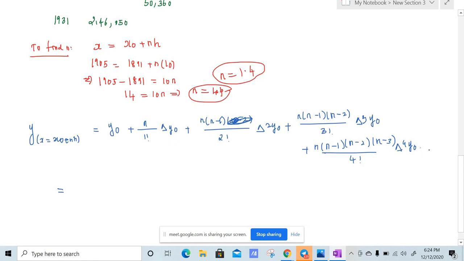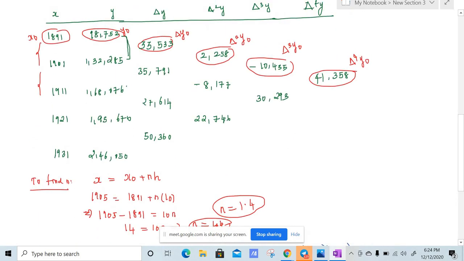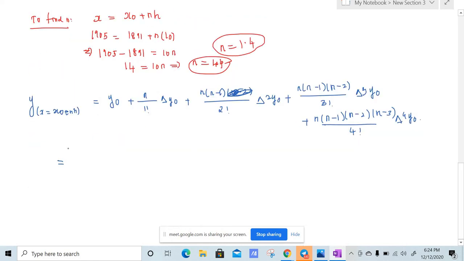So what is y naught? y naught is the first value in y. So you can see this y naught, del square y naught, del cube y naught, del power 4 y naught. It is 98,752. So 98,752 plus n, which is 1.4, by 1 factorial. 1 factorial is 1. Del y naught has already been found: it is 35,533. Plus n into n minus 1, so 1.4 into 1.4 minus 1 by 2 factorial, del square y naught, which is 2258.